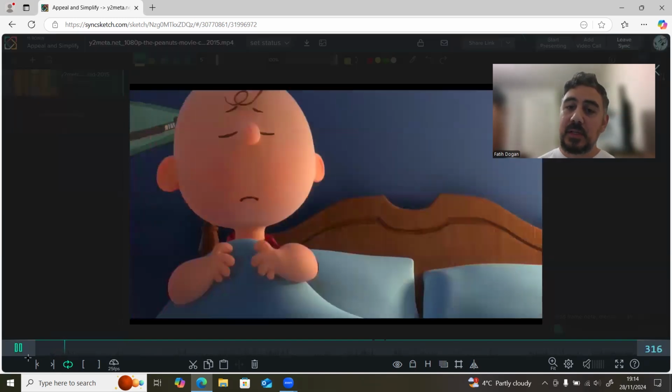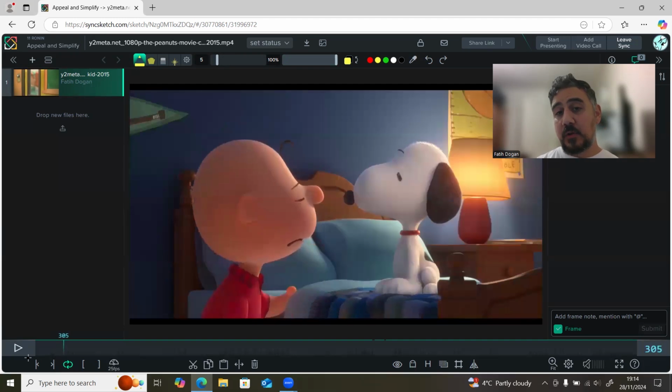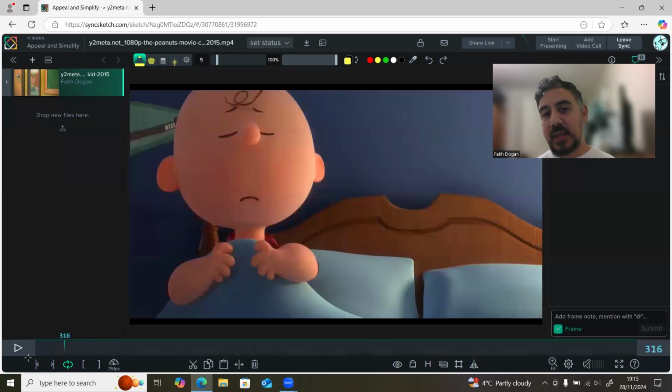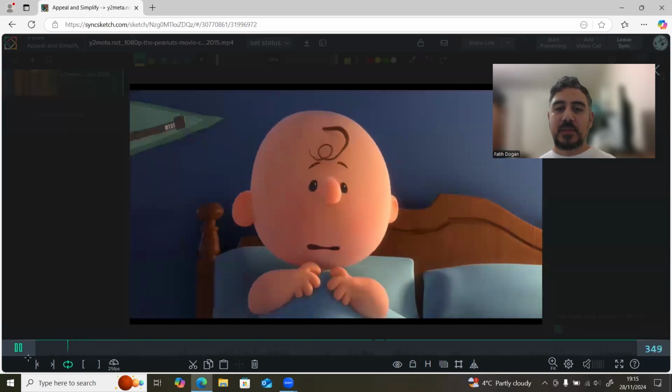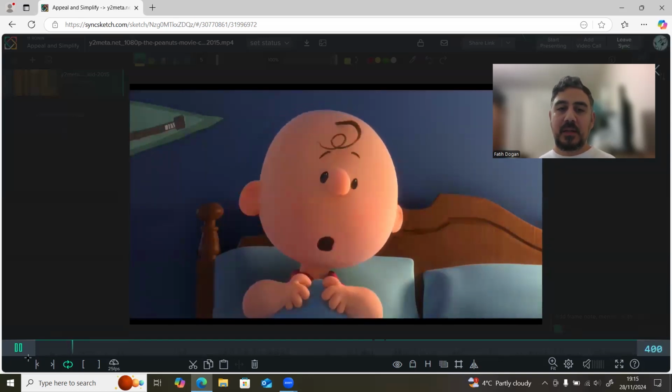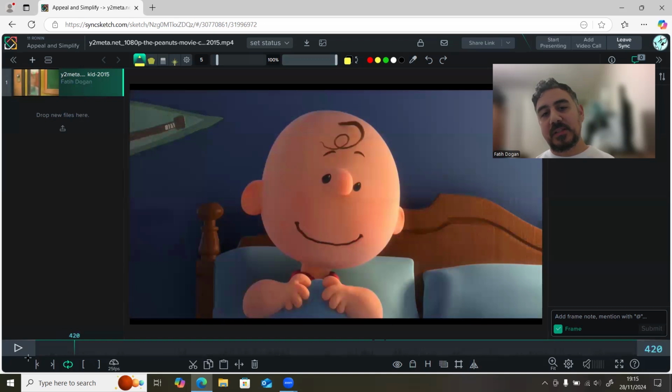So we can see Snoopy. He's almost fully still. There are small subtle movements, but it's mainly that he's fully focused on Charlie Brown. And Charlie Brown's in bed, and now he's not even looking at Snoopy. He's looking over our right shoulder. He's internalizing. If you speak to somebody, you'll say, I went there, I did this, and oh my God, it was great.